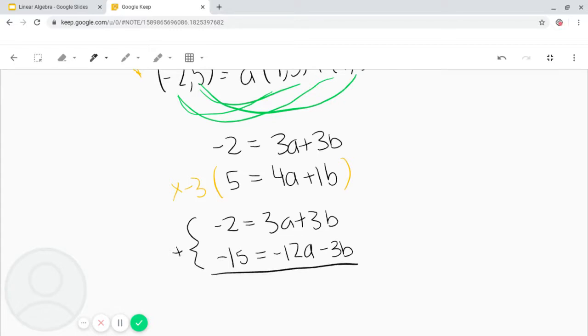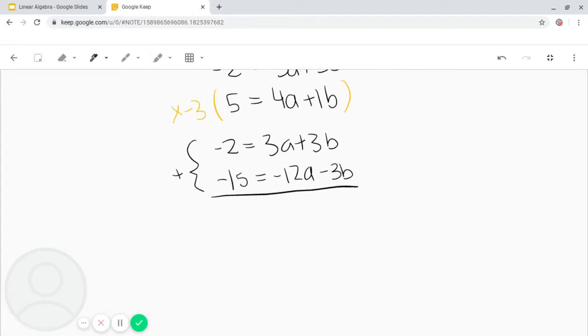Add them together. So then we can solve for one variable at least. So then these cancel. And we're left with negative 17 equals negative 9a, which means that a is equal to 9 over 17.